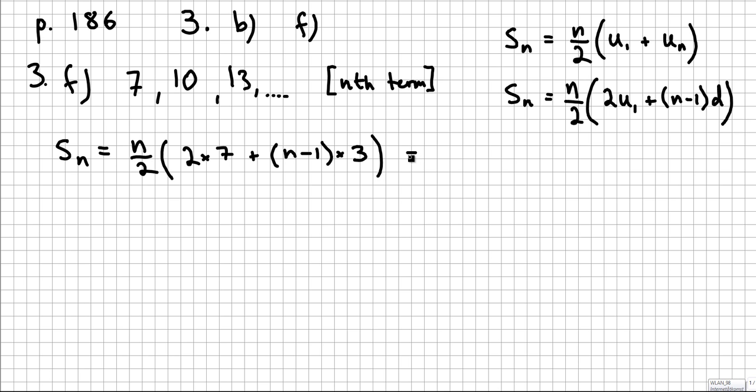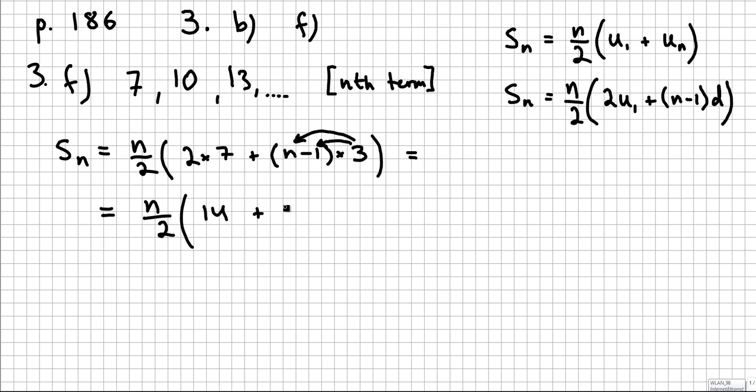Now we have to evaluate this expression and see if we can simplify a little bit at least. n over 2, bracket 14 plus, then I'm going to expand these brackets. First 3 times n and then 3 times minus 1. Don't forget the minus sign.